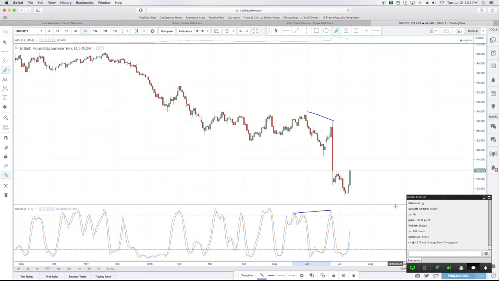Now this thing crawls up on you and then just drops. Of course that's the Brexit moment, but a divergence did show up as well. Here's another one. From this high to this high, it's either a higher high or equilibrium.